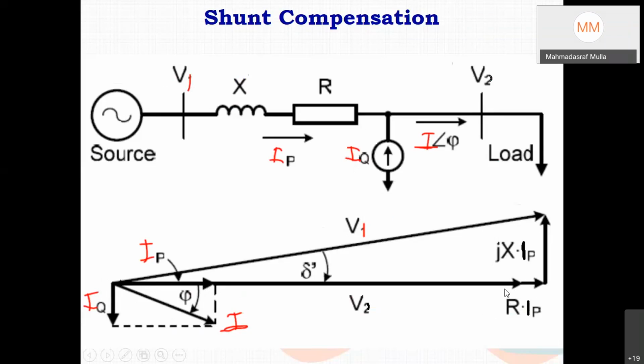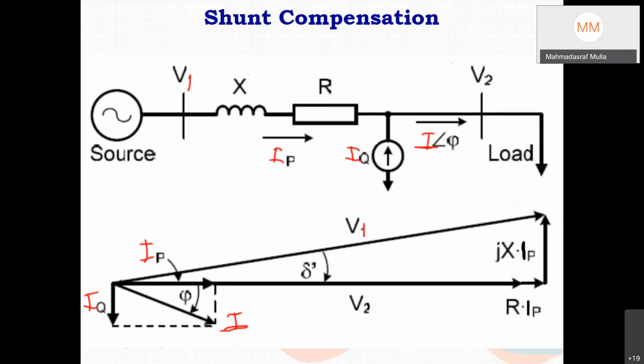Resistor drop plus V2, and in quadrature the reactor drop. So that will be my voltage. Now here, if you check the magnitude of V2, it will increase because the reactive power requirement is not drawn from the transmission line.